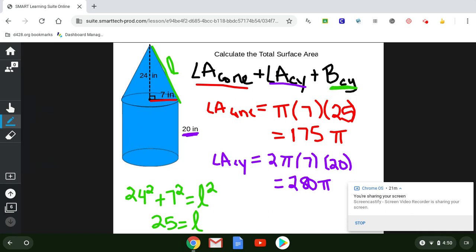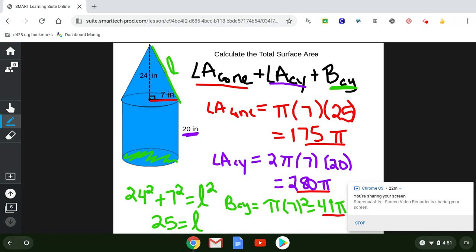And last, not least, we have to find the area of the base of the cylinder. We just need one of them. The area of a circle is pi r squared. My r is still 7, so I have 49 pi. Then I have to add them all together. They all have pi, so they can all be combined: 175 plus 280 plus 49.